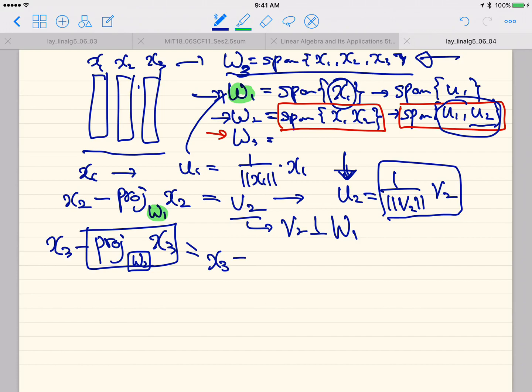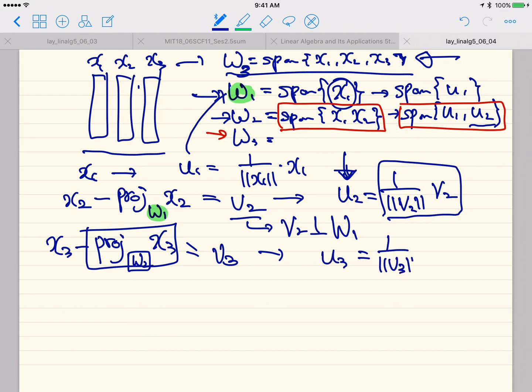But let's skip that because it's just a lengthy, tedious write-up of this formula. But let's call this V3. Okay, let's stay conceptual. So we removed the orthogonal projection onto the previous subspace, and then the remaining part will become perpendicular to W2, right? And then we still normalize it so that the length becomes 1. So we have this U3.